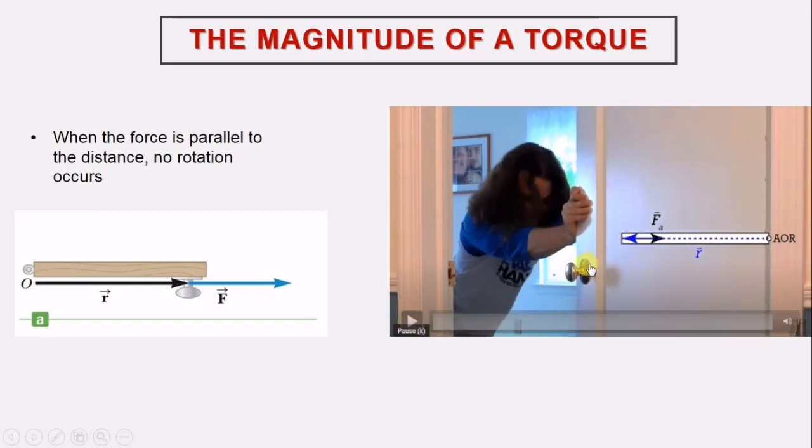For sure, girls, you will never try to open the door like this. Why? Because no matter how hard you push, your force is parallel to the distance to the hinges. So this force doesn't cause any turning effect or rotation for the door.